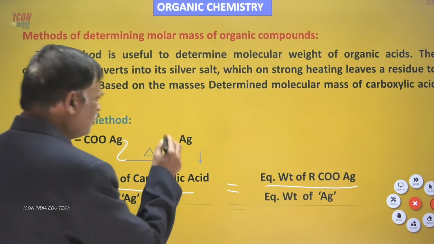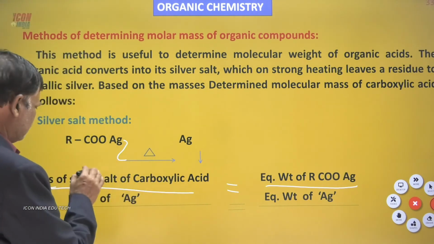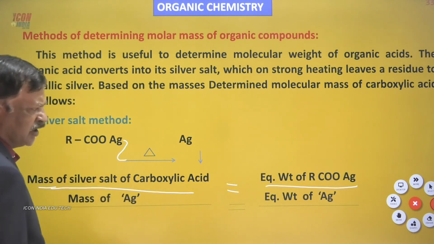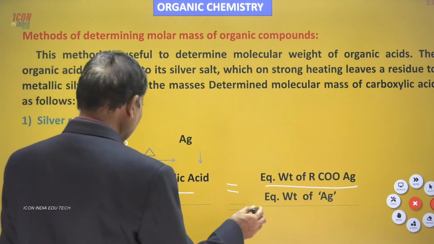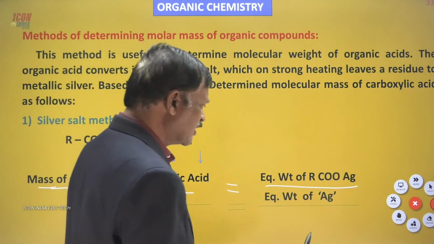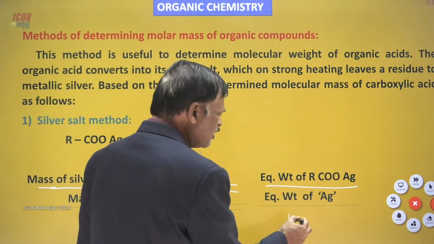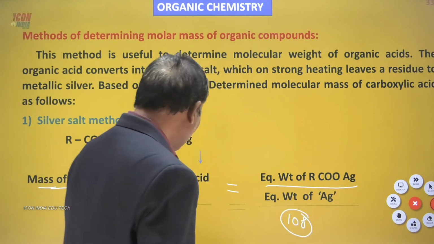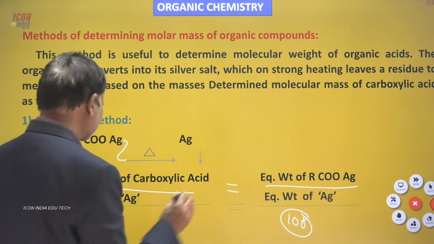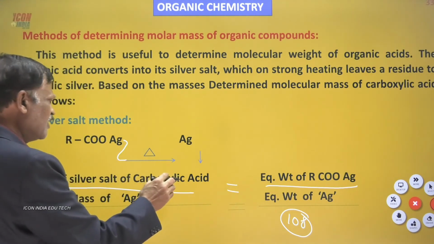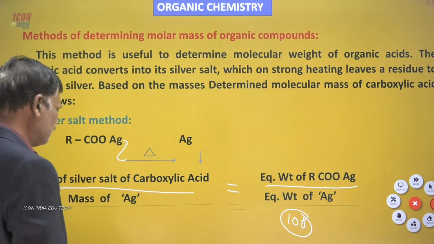So, in the problem, they will give mass of silver salt as well as mass of silver. We know the equivalent weight of silver. You know, equivalent weight of silver is nothing but its atomic weight only, that is 108. So, we know all these three factors. We know the mass of silver salt of carboxylic acid, that has to be given in the problem.